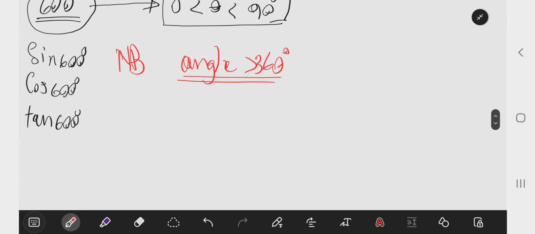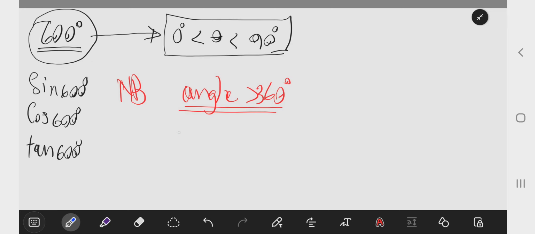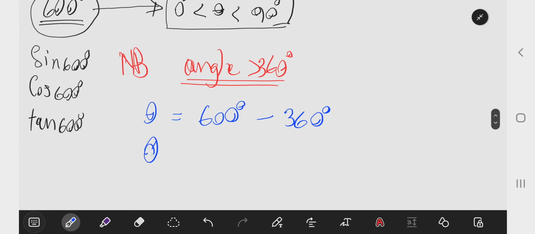So for us to reduce this 600 degrees, our new theta is 600 degrees minus 360. So it means our theta is equal to 240 degrees.